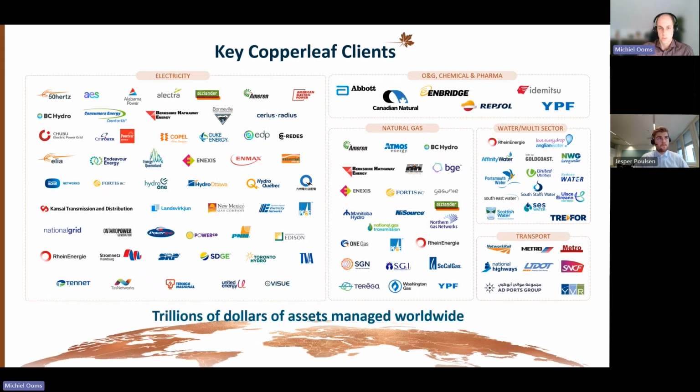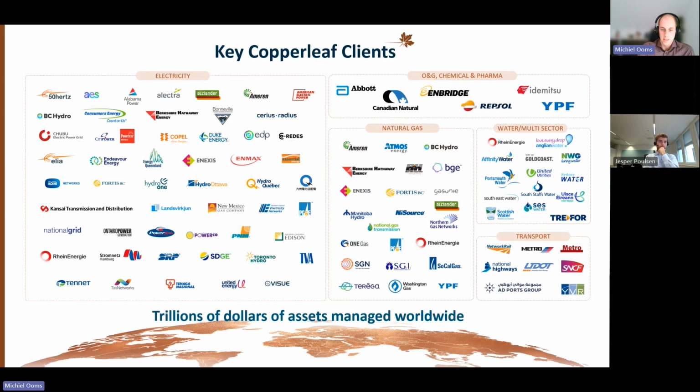In this overview, I'm showing you our key Copperleaf clients that are making use of Copperleaf Asset, but also our Copperleaf Portfolio solution, where they are maintaining their investments and investment optimization processes.